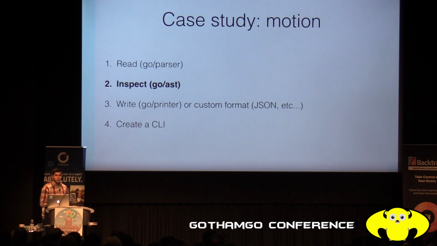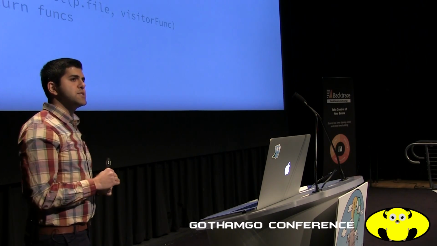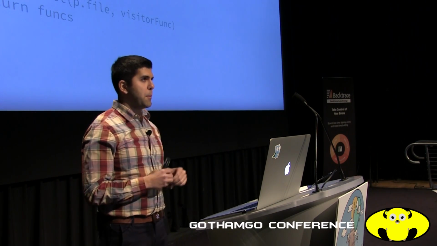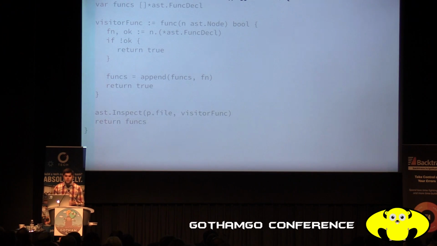Next, inspect. So in our case, we are jumping to the functions. What we are going to do is collect all the functions inside a single file. So we name a function collect functions, and then we define a slice of function declaration types.